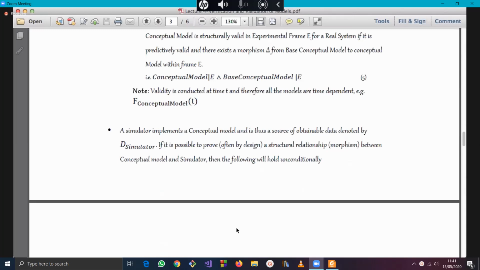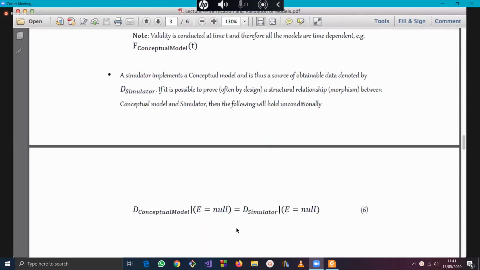We also looked at, particularly when you are looking at structural validity, what we call D simulation, where we are looking at even the data aspects that come into it. We said that in a simulated experiment, a conceptual model is a source of obtainable data denoted by the simulator.